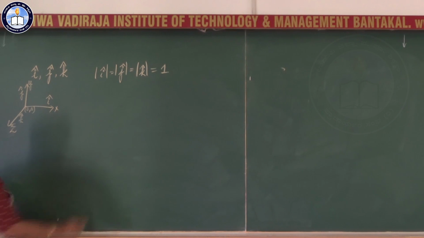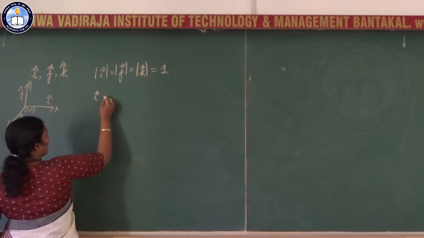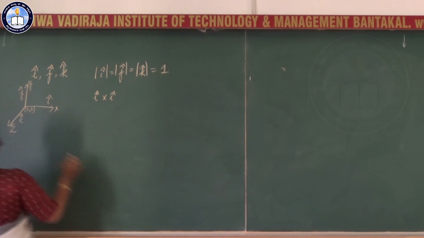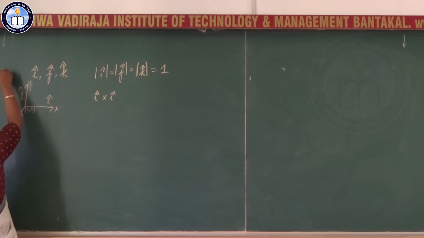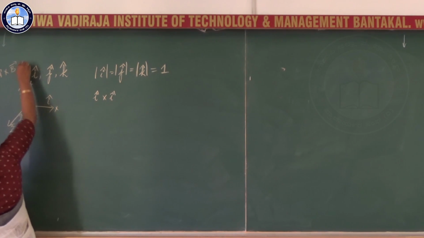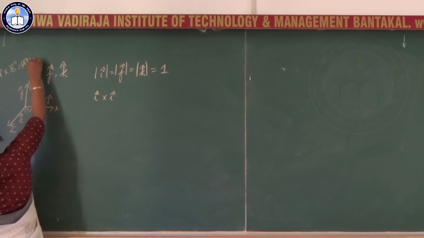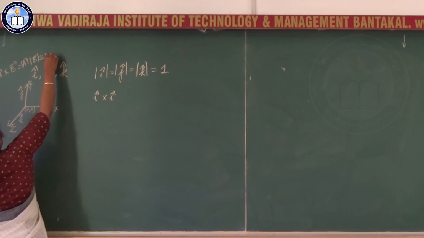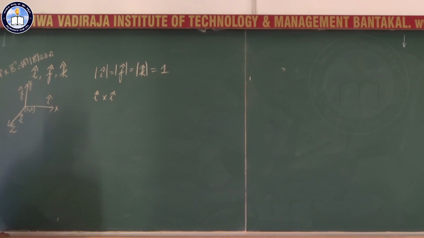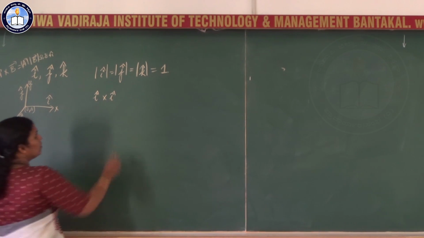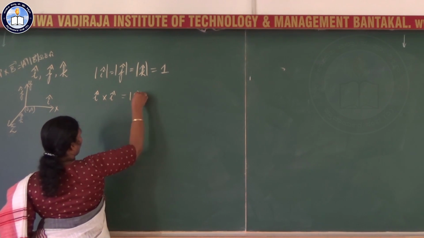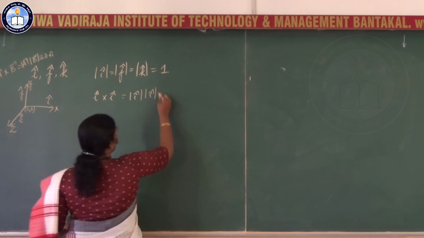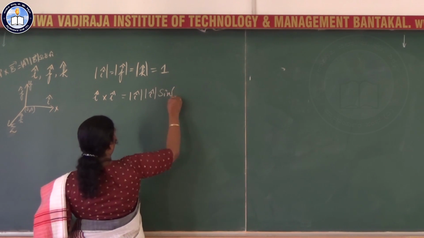Okay. Now, what is i cap cross i cap? You have the basic formula, A vector cross B vector equal to magnitude of A vector into magnitude of B vector into sine theta into n cap. Okay. i cap cross i cap, that is equal to magnitude of i cap into magnitude of i cap into sine of theta.